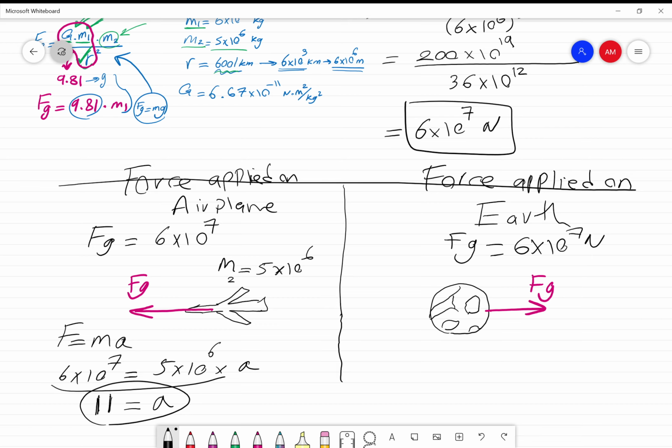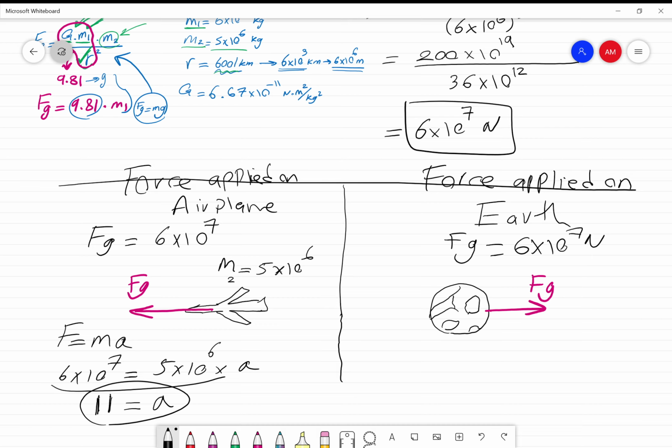We know acceleration 11 is very high. What does acceleration equal to 11 mean? 11 meters per square second. It means in every second, this force and this acceleration is going to change the velocity by 11 units. If the object was moving with the velocity of 0, 1 second later it's going to move with the velocity of 11. 2 seconds later it's going to move with the velocity of 22.